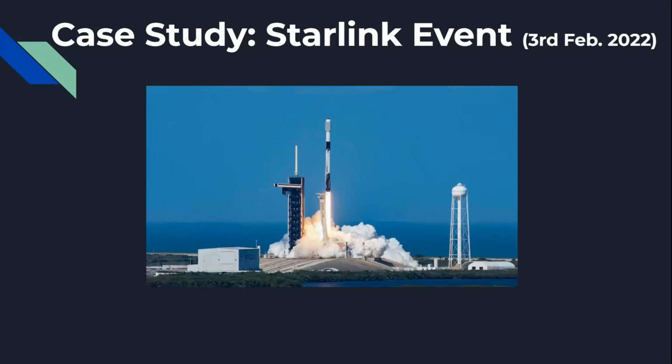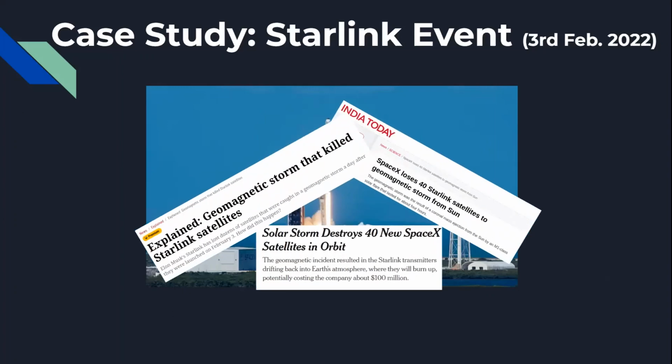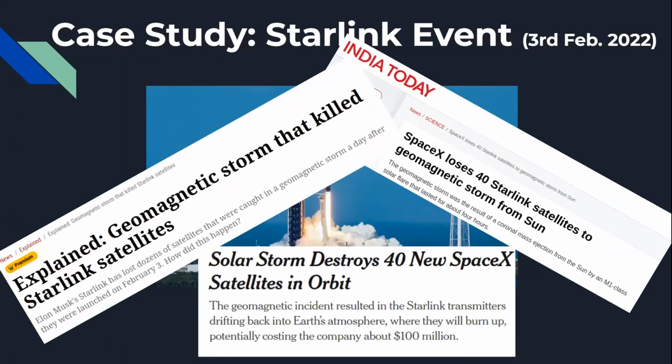This news came around 3rd February, and they found that a geomagnetic storm happened, and it killed around 40 new satellites. So we will try to study the properties of the space weather driver of this particular event, and we will try to find out how this happened.